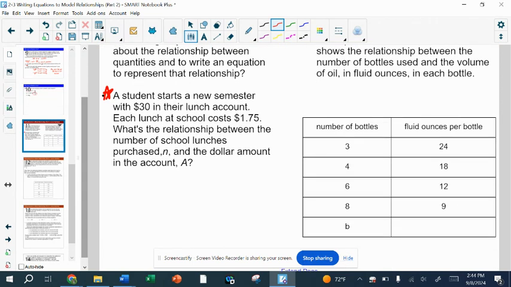So if they started with that $30, the amount in their account would be $30, and I'm going to subtract $1.75, but I don't just subtract $1.75 one time. I subtract it every single time they get a lunch, however many times they get a lunch. So I'm going to use the letter N, that variable, to show how often it's happening.